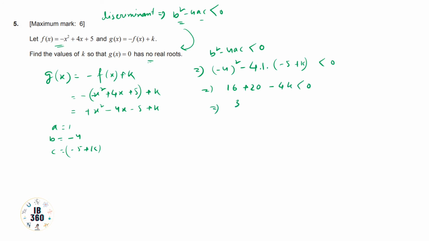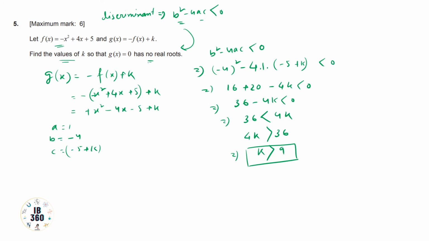From here we are getting 36 minus 4k less than 0. So 36 less than 4k, or 4k greater than 36. So from here we get k greater than 9. So this is the answer.